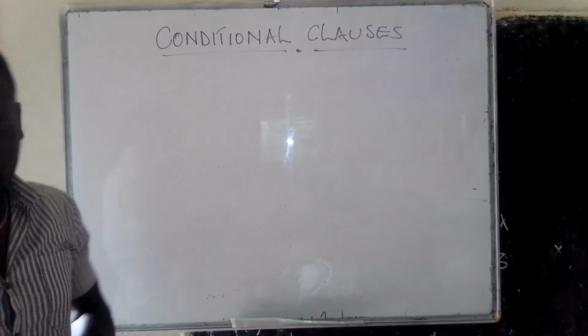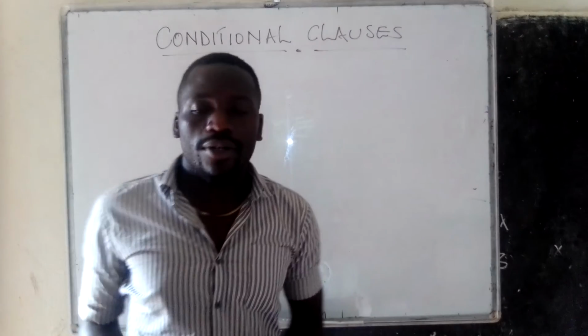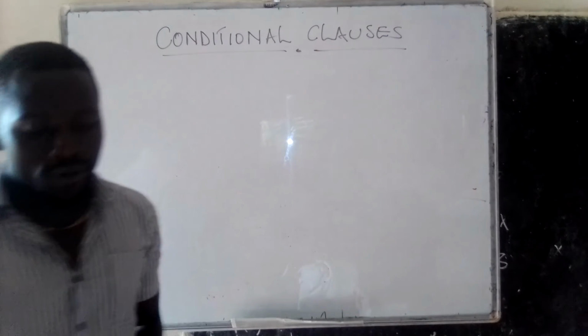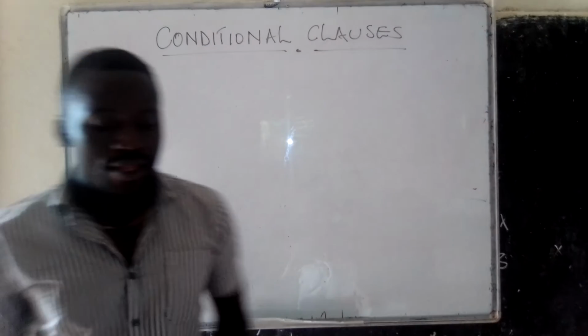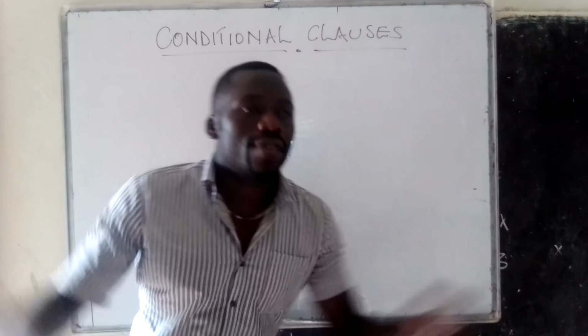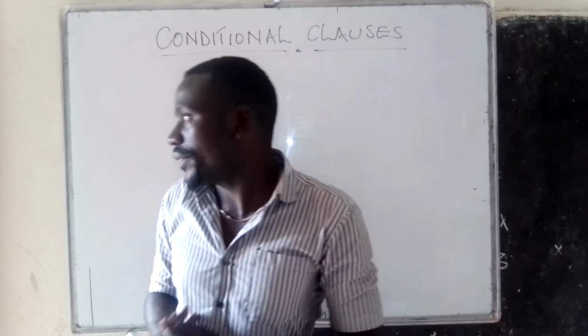Conditional clauses. These conditional clauses, most people call them if 1 and if 2. Some people call them conditional if clauses. We use them to show that for something to happen, a certain condition should have been fulfilled.